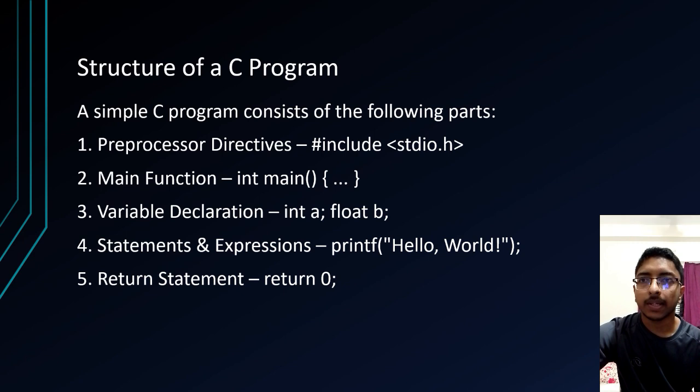And number 3, variable declaration like int a, float b. Number 4, statements and expressions like printf or scanf. And at the end, the return statement, which is normally return 0, where return 1 means an error.